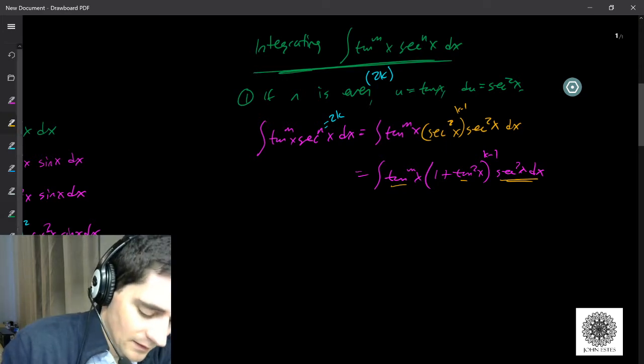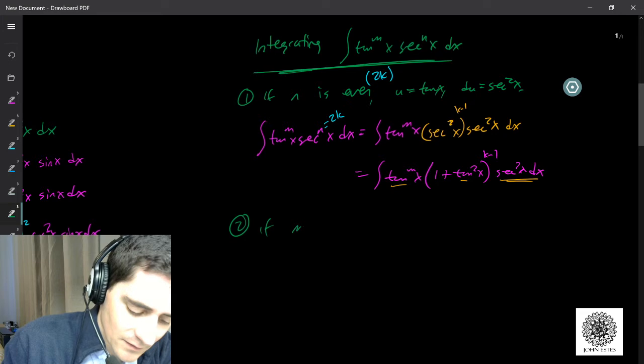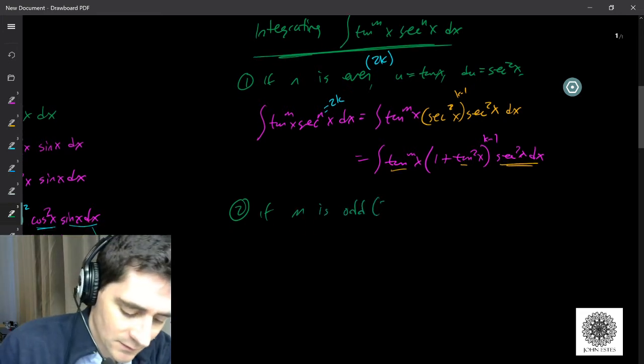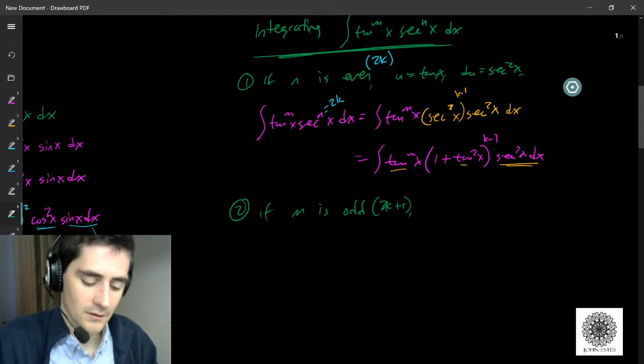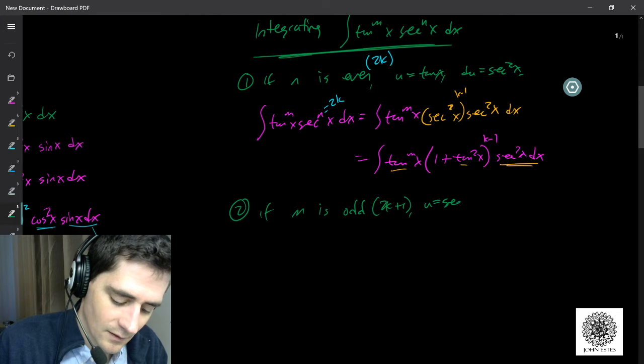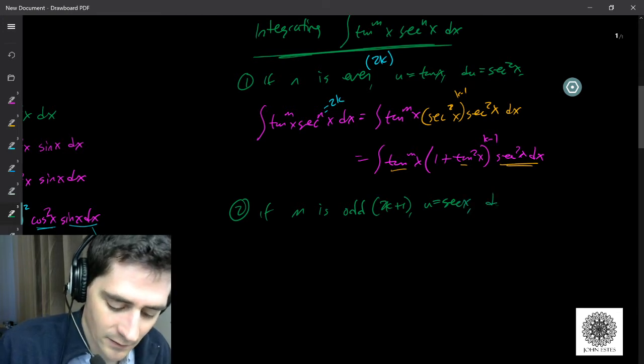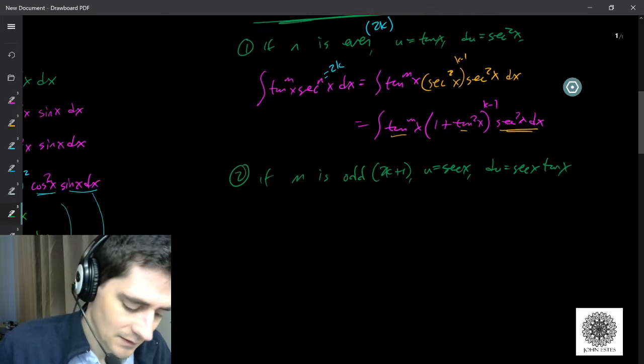Now, if n is odd, then hopefully m is odd as well. And so that means 2k plus 1. And if that's the case, what are we going to do? We're going to let u be secant, because what we're peeling out now is a secant tangent. And so the idea is like this.